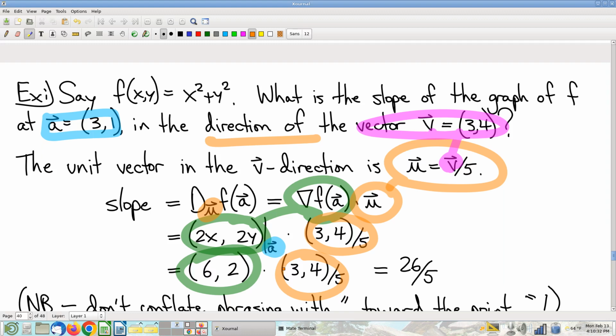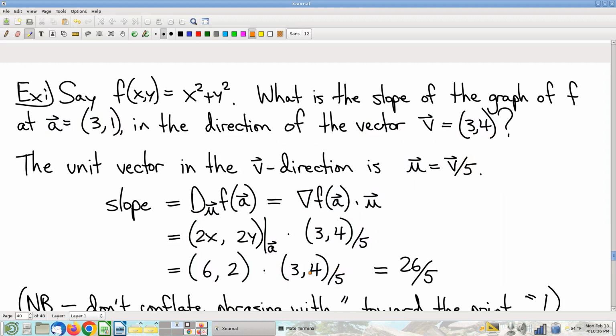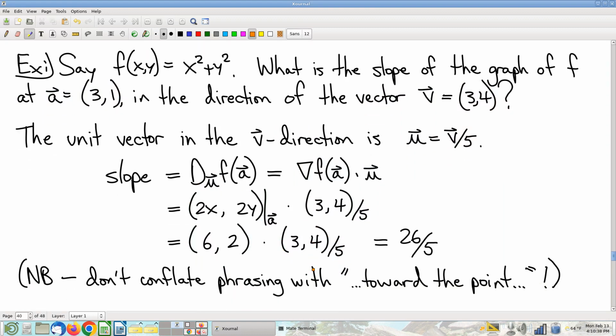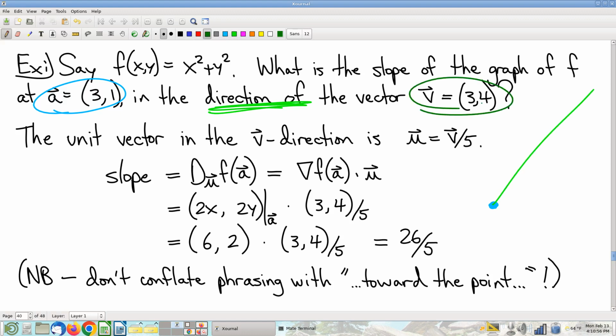Okay, one heads up I want to give you. There's an easy mistake to make that this question demonstrates. Notice we started at a given point. Let's say that point is there, whatever. And where it says go in the direction of, so some direction, the direction is given by this vector, 3, 4.